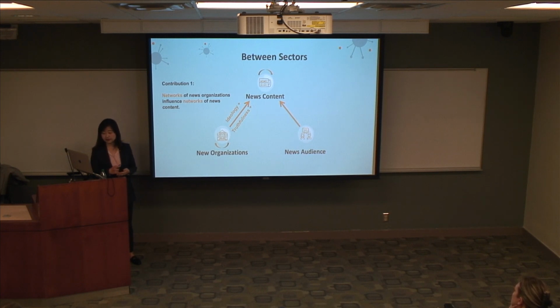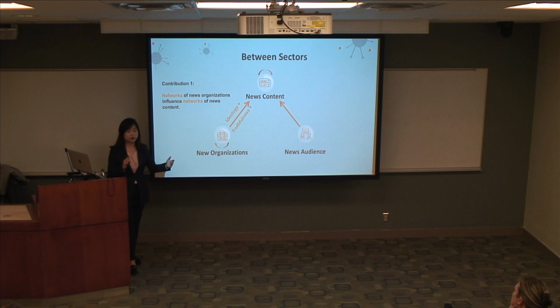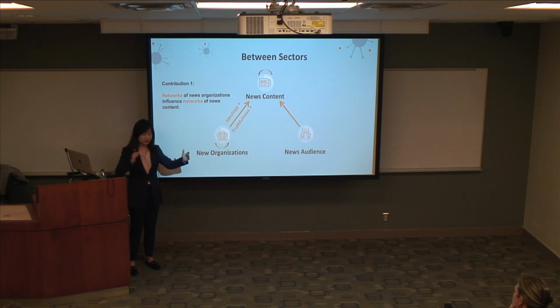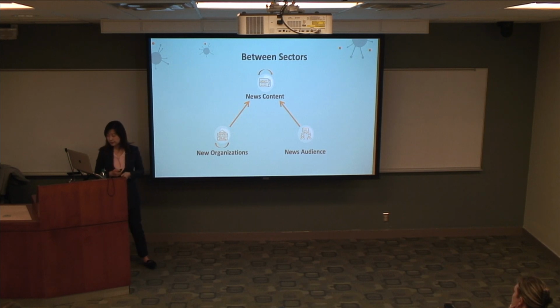Instead of focusing on individual level attributes of news media, we focused on the networks or connections between news media. Instead of focusing on a single news article, we focus on the semantic similarities between news articles. So we shifted the focus of mass communication from individual level attributes to network level connections.